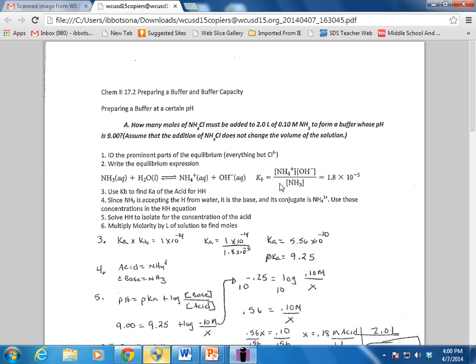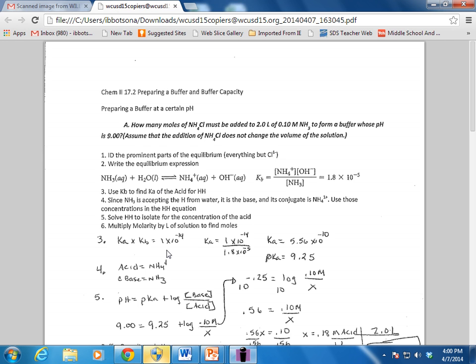We can write that into a Kb expression, NH4 plus times OH minus over NH3, and you would have to look up that Kb value from a chart or an appendix. It happens to be 1.8 times 10 to the minus fifth. When we use the Henderson-Hasselbalch equation, though, we don't use Kbs, we use Kas. You know from the relationship that Ka times Kb is equal to 1 times 10 to the minus 14th.